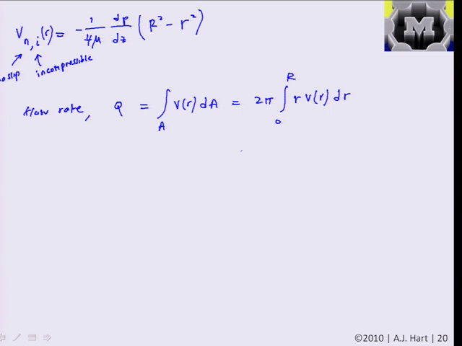So we're not going to go through the math to save some time, but if we just substituted our velocity distribution in here and did the integration, the flow rate is equal to minus dp dz times the quantity pi R to the fourth divided by 8 mu.